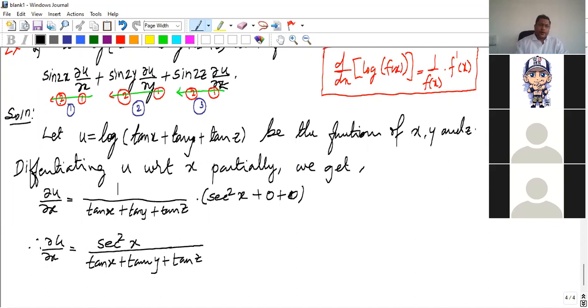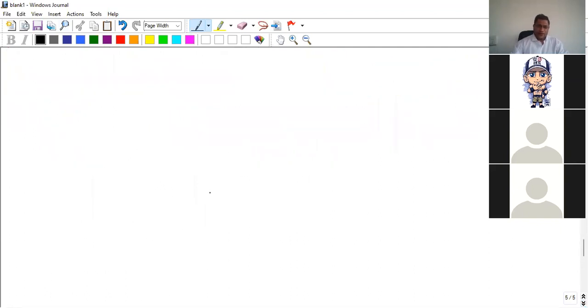Now, what we have to do next is multiply this equation by sine 2x. So let us multiply this by sine 2x.